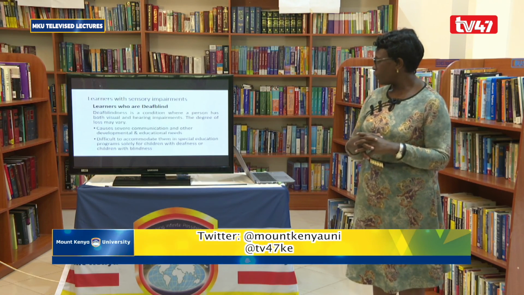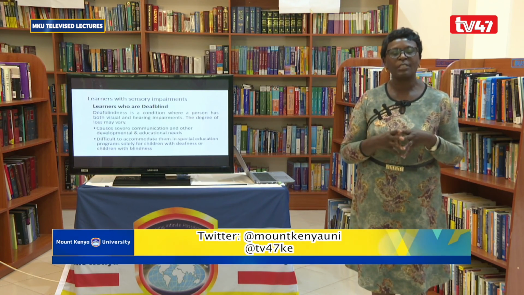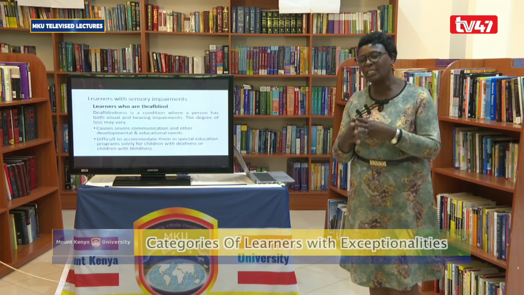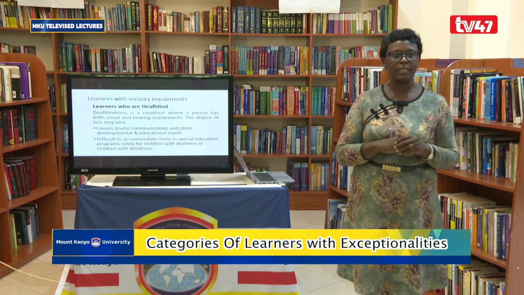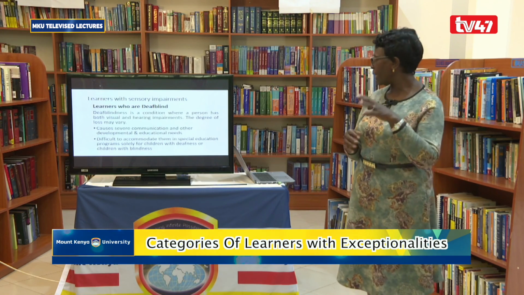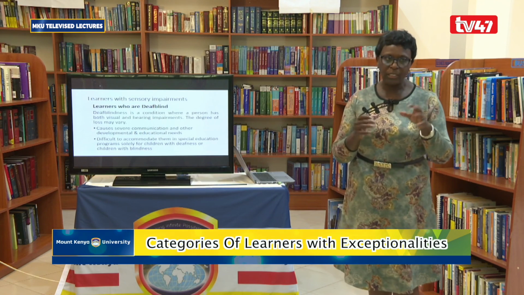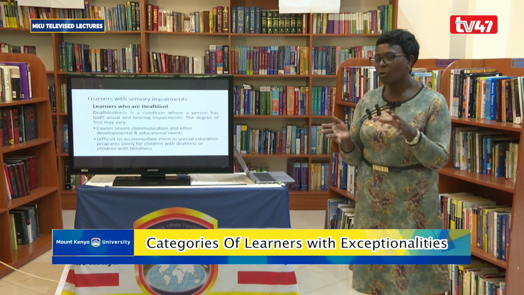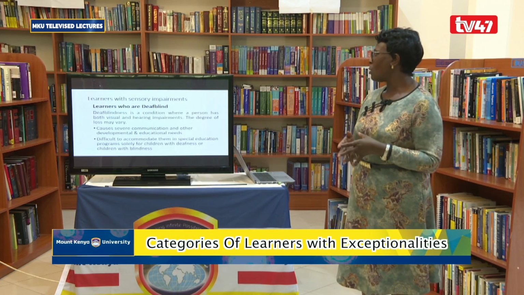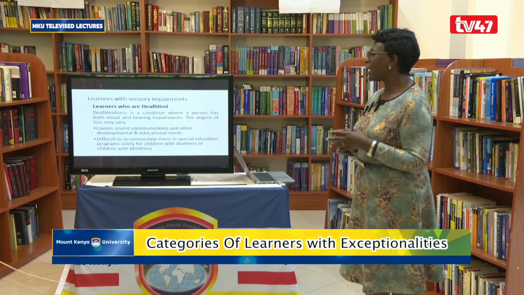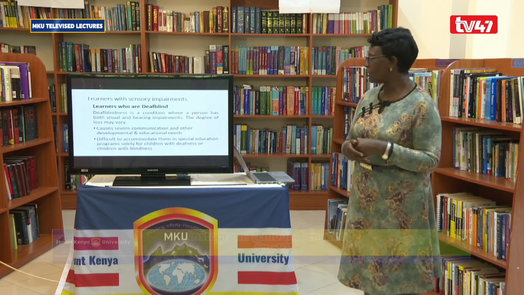There are not so many. We actually have a special school, a unit for learners with deaf blindness in Nairobi, Kilimani, around Hurlingham. And it would be important if you visited to see for yourself when we talk about learners who are both deaf and blind, and how they learn.